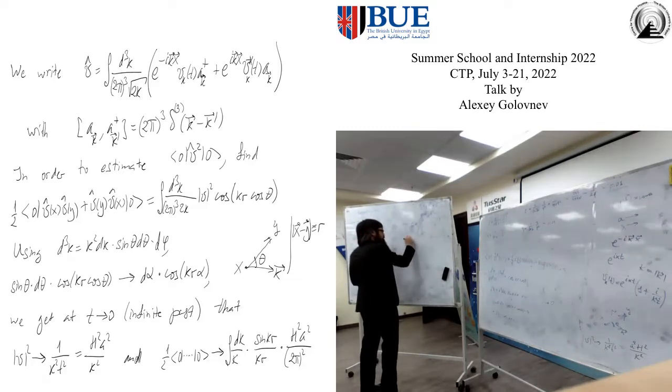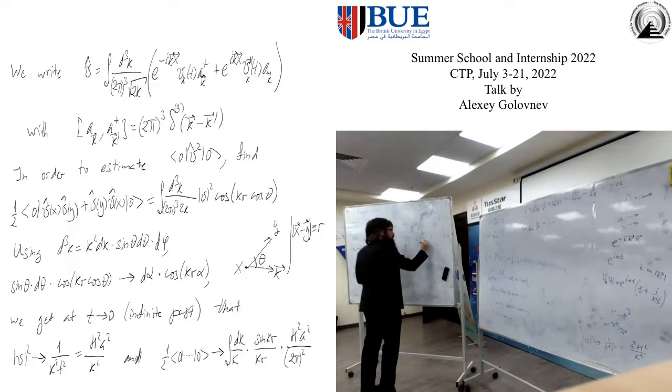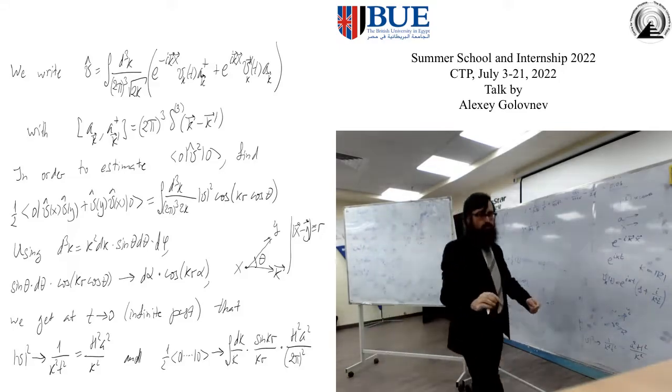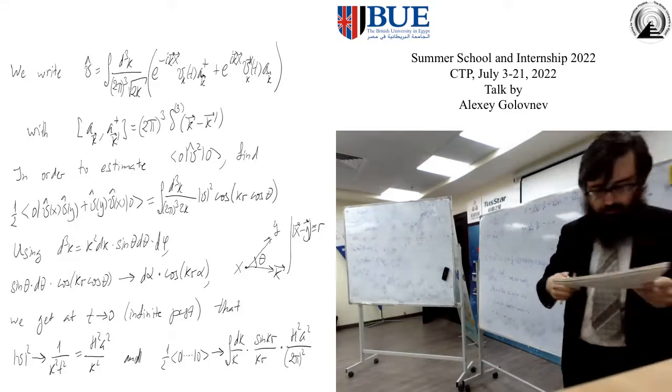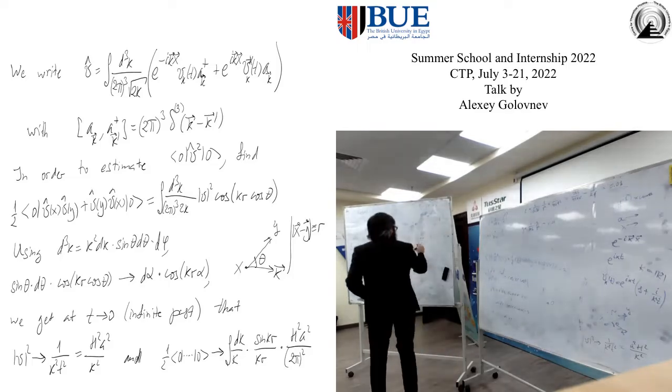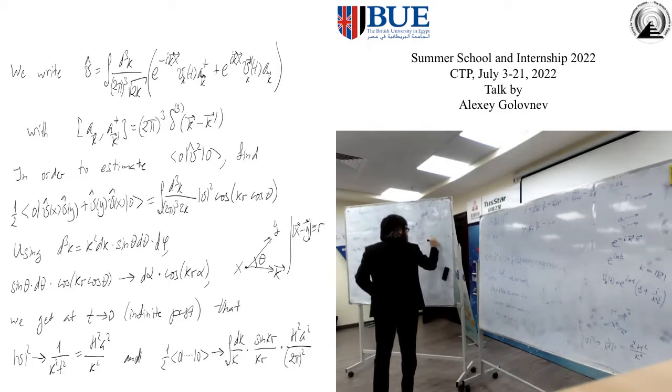You get dk over k, then sin kr over kr, and then, let me check my notes so that I don't confuse some coefficients, you get here h squared a squared over 2 pi squared.